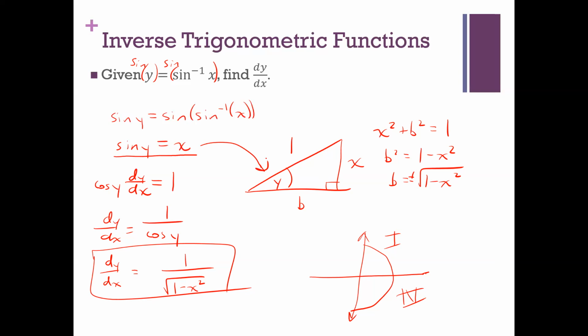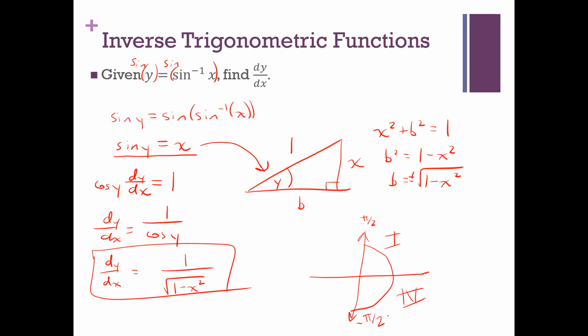Now think about it, we have a definition of sine where sine is defined for all real numbers. At the start of class, we kind of threw that out for this new sine function that's only defined between negative pi over 2 and pi over 2. So because it's only defined between negative pi over 2 and pi over 2, I'm only looking at this right half of this unit circle.